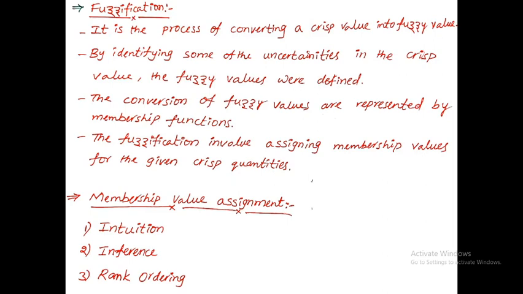Instead of taking 0 to 1 in the Cartesian system, you can go for angular fuzzy sets. Neural networks, genetic algorithm, even inductive reasoning, a few other methods also there based on the application. So the basic membership value methods are the intuition method, inference method, and rank ordering method. We'll see one by one.